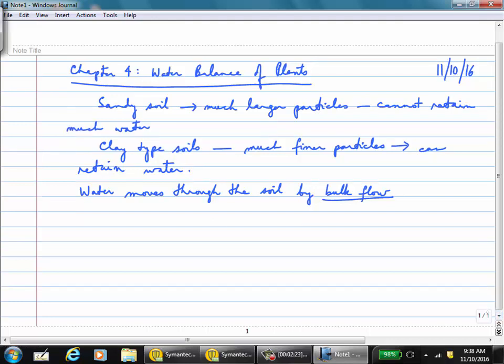Now suppose the root of a plant absorbs water from the soil. Then in that area of the soil, the pressure potential is going to fall near the root surface.